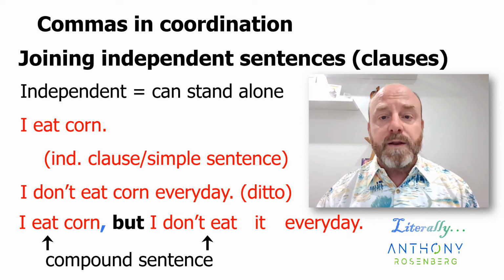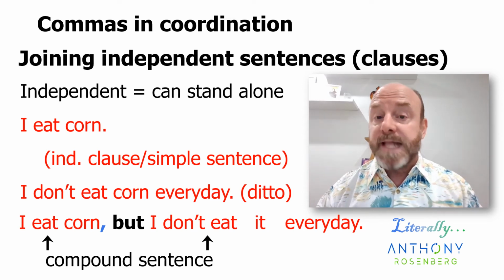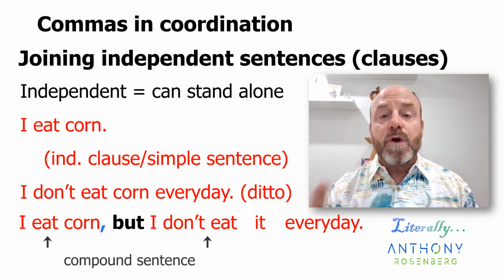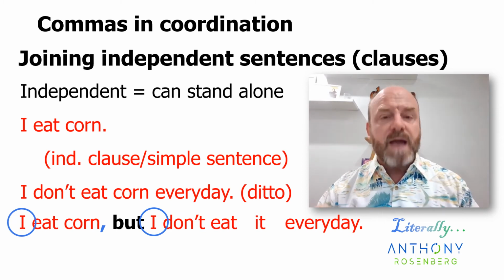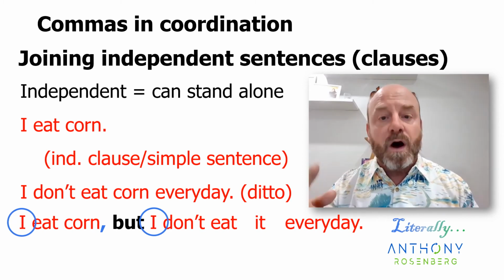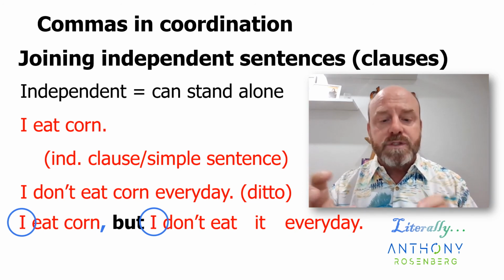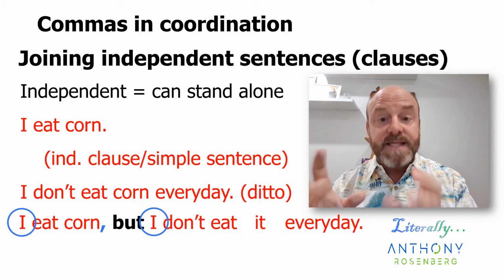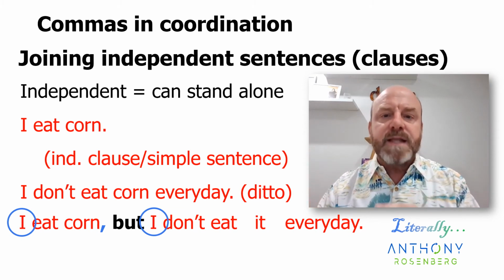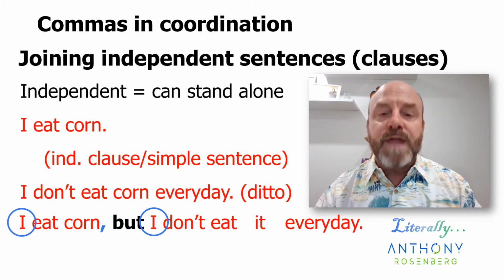Something to notice in this sentence, which will help us later, is that we have the word I in the first clause and we have maintained the subject I in the second clause. The fact that the second clause, the negative part of the sentence, has I there means that the comma is more than necessary.